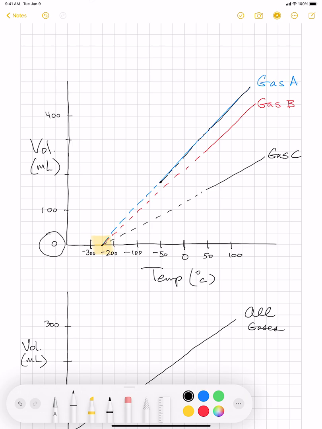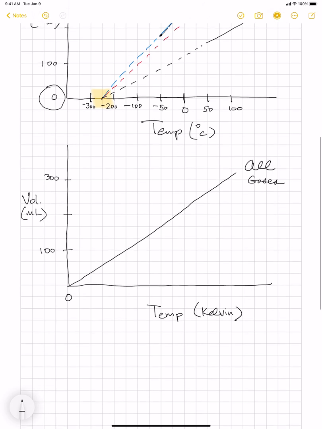So that means that 0 Celsius did not correspond to 0 volume. So scientists said, we need to invent a different temperature scale which will relate temperature to volume in a way that is more accurate. They took this temperature, which came out to be negative 273 degrees Celsius, and made that the starting point of a new temperature scale called the Kelvin Scale.